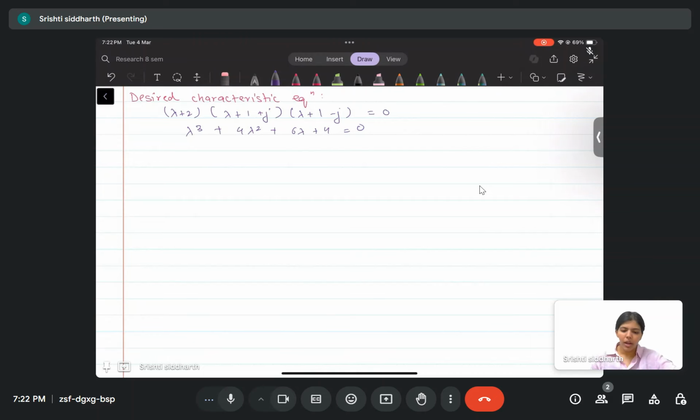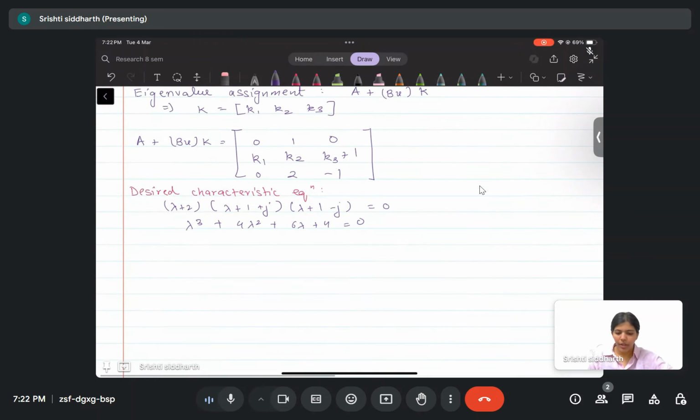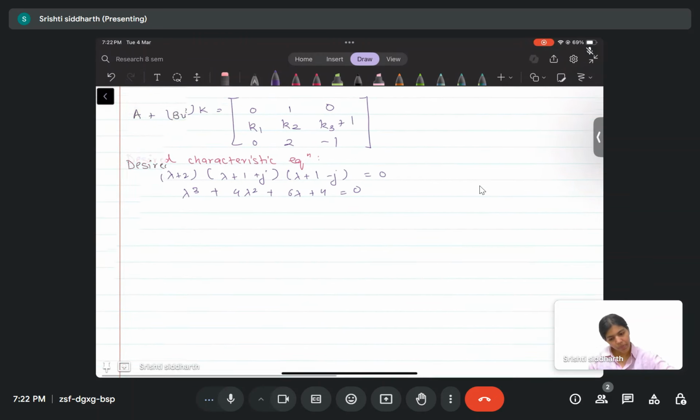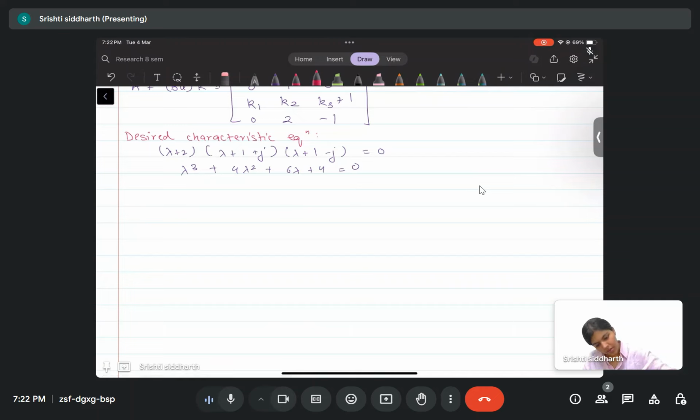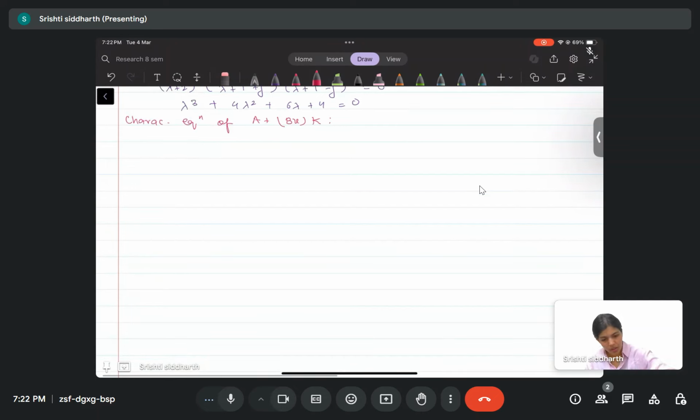Okay. And now we have to match it with the characteristic equation of the closed loop system. So then we have the characteristic equation of A plus BK. So this is simply the determinant of A plus BK minus lambda I equals 0.